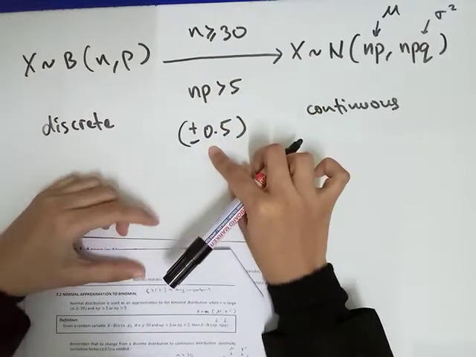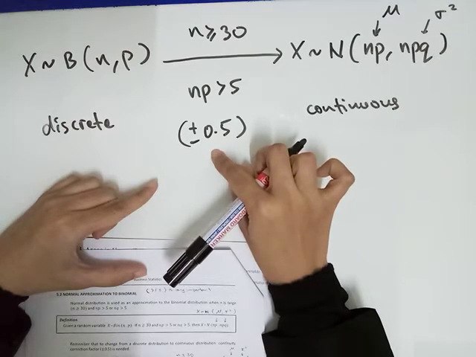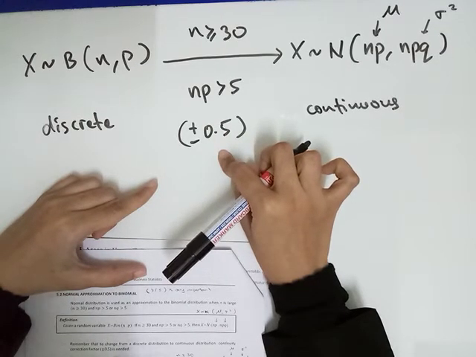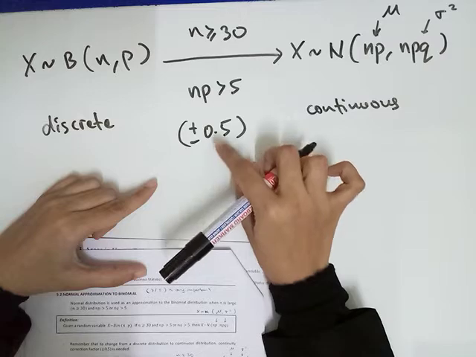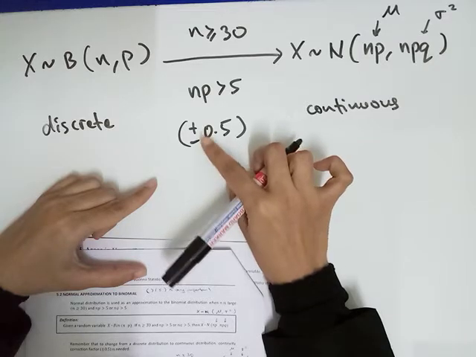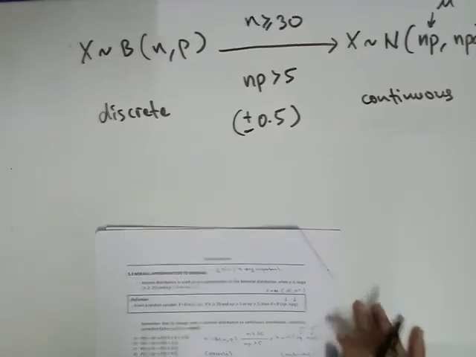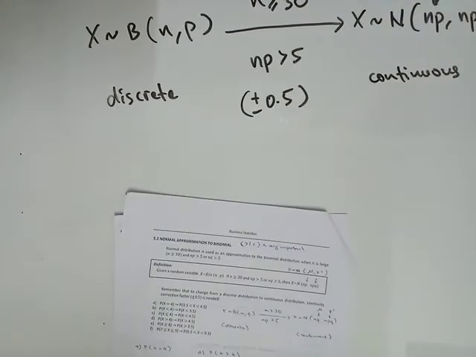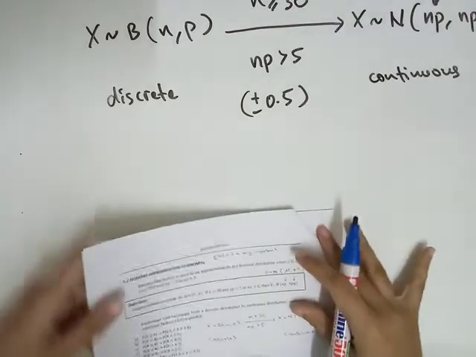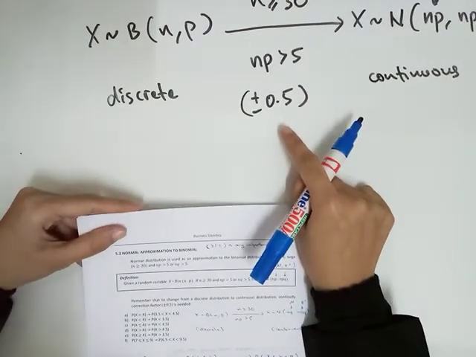The name is continuity correction factor. You have to plus minus 0.5. How? Okay, so look at A. I'm going to explain how to do a continuity correction factor.